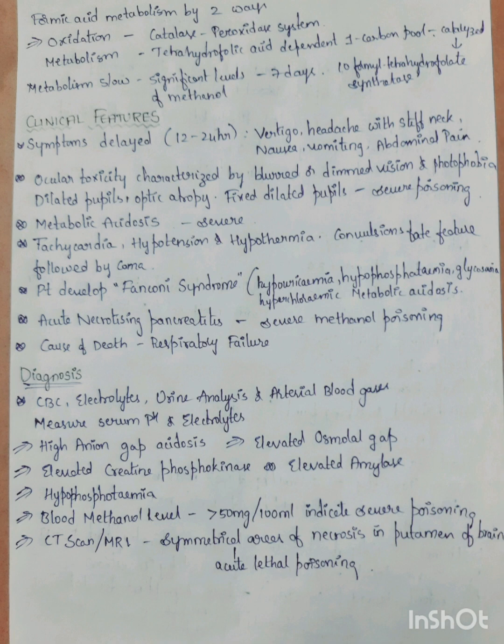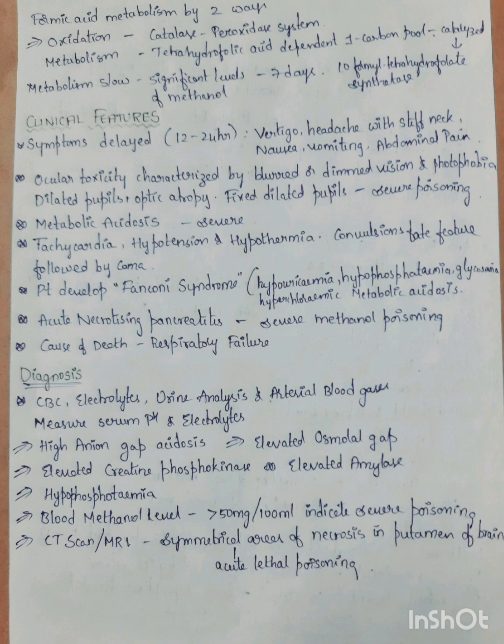Diagnosis. How are we going to diagnose methanol poisoning? First, we'll take complete blood picture, electrolytes, urine analysis, arterial blood gases. All this we have to check, and we have to measure serum pH and electrolytes. All this gives us the identification characters like high anion gap acidosis, elevated osmolar gap, elevated creatine phosphokinase, elevated amylase enzyme, hypophosphatemia.